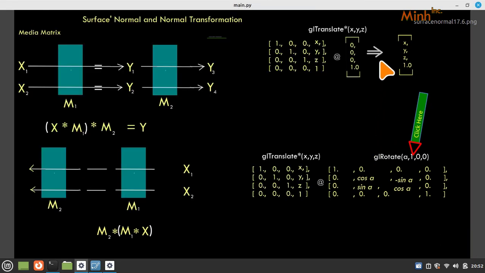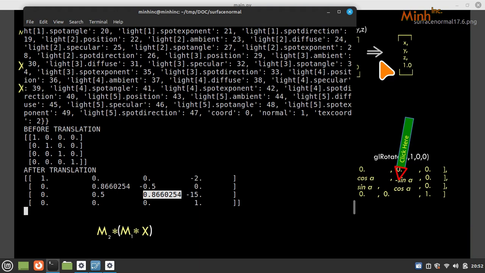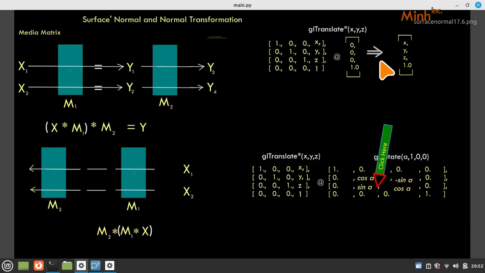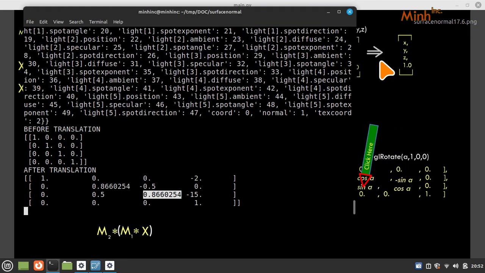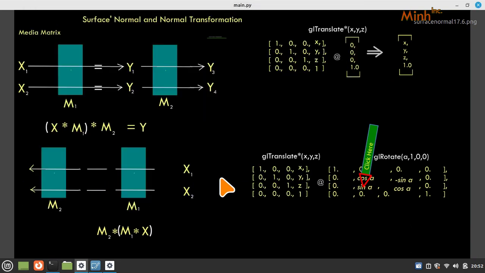Okay, this is what it is: cos 30, minus sin 30, sin 30, cos 30. So these two are what we are seeing, and this is the x translation, y translation. So it's a play of matrix, nothing more than that.